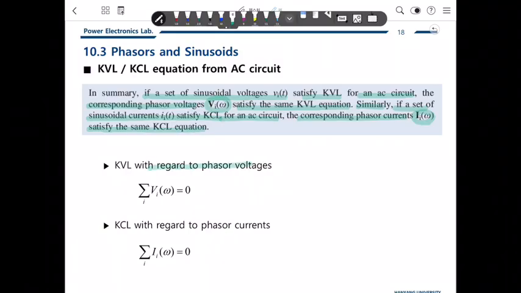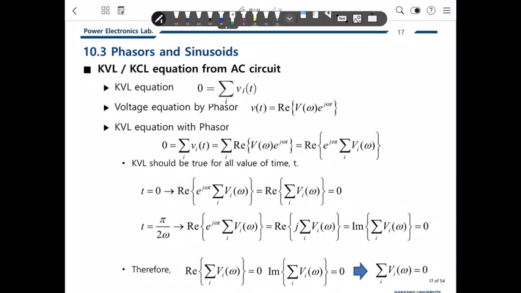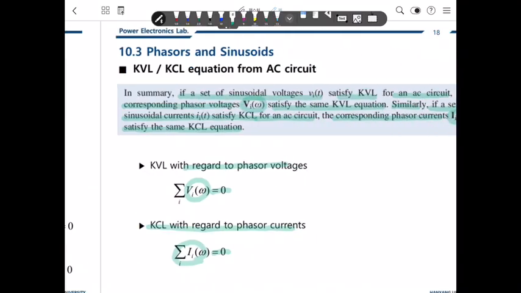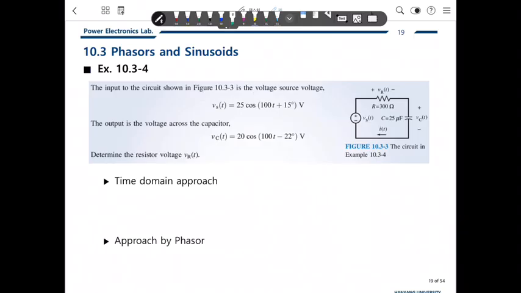The sum of all phasor voltages is 0, and the sum of all phasor currents is 0. From these procedures, we can prove KVL is satisfied in phasors. So this is an example.